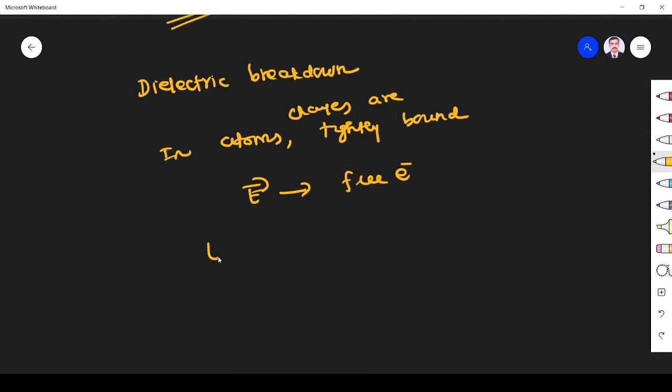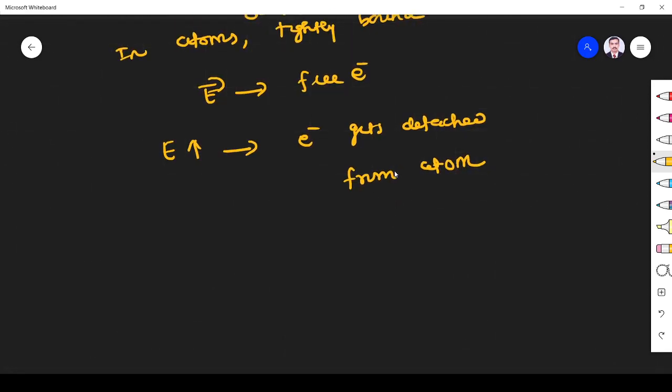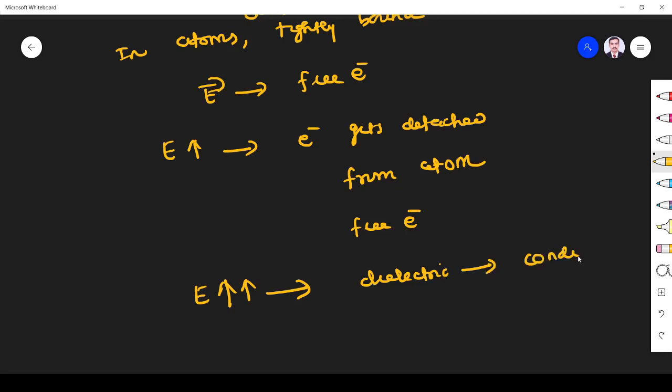But when you increase the electric field to a very large amount, the electron gets detached from the atom. It requires a very large electric field. Detached from the atom, it starts becoming a free electron. Once it becomes free electrons, it becomes a conductor. So when you apply a very large electric field like this, the dielectric behaves like a conductor.